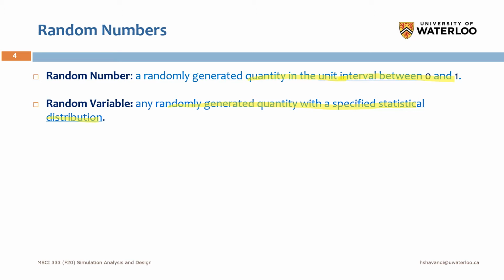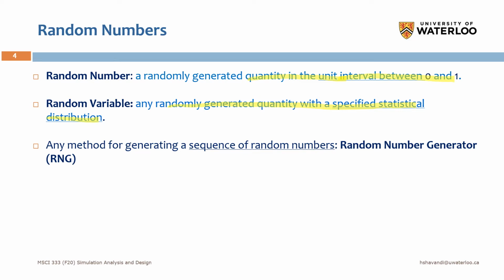But a random variable will have a specified statistical distribution. It doesn't have to be a number between 0 and 1. It can be any number, but with a specified statistical distribution. So that will be a random variable.